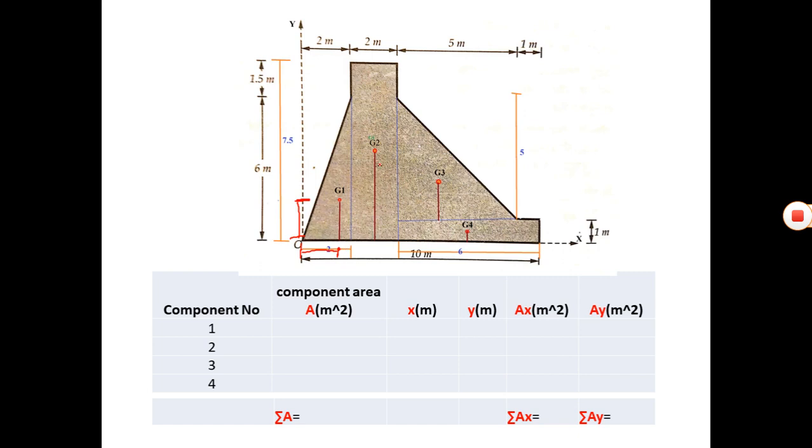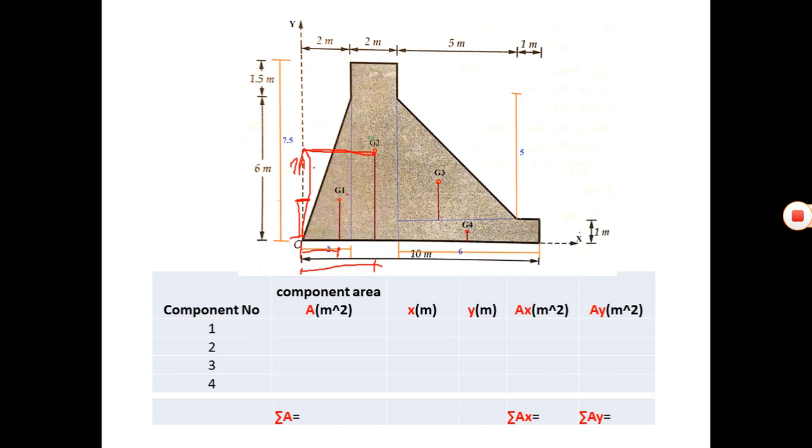Similarly for component 2, we need to find the distance from here to here by adding this distance along with this distance, and along the y-axis up to this distance.